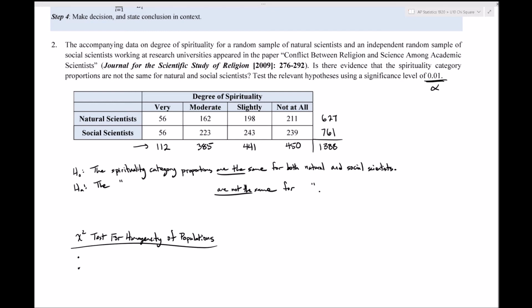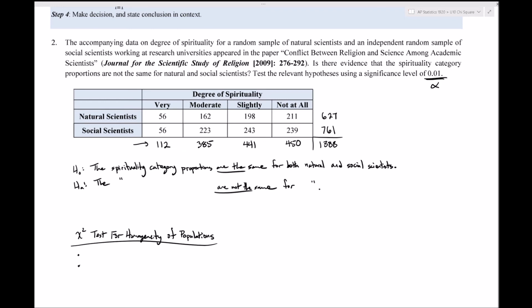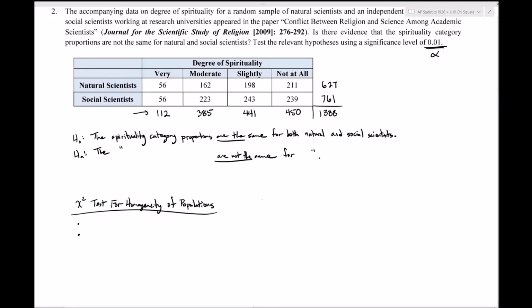So really all we have to do is figure out what those expected counts are. And since we have a calculator, I'm not going to do those by hand. You can maybe show the work for one of them by hand, but I don't know why you would. So I'm going to give an expected counts table.